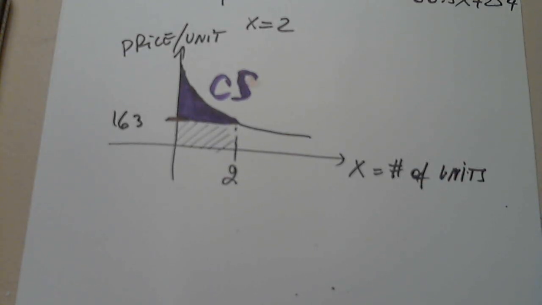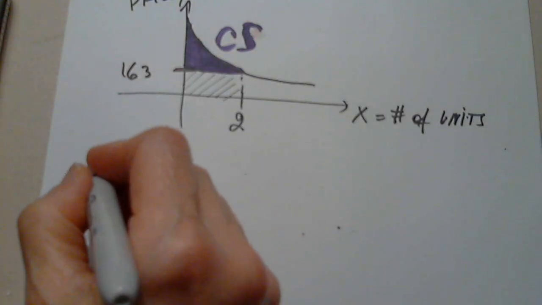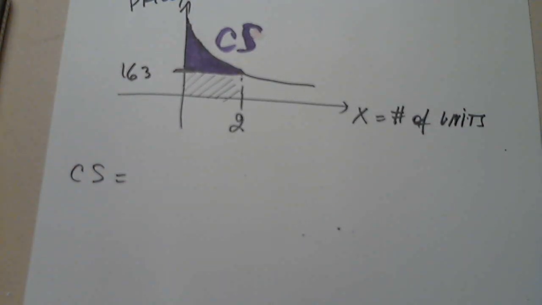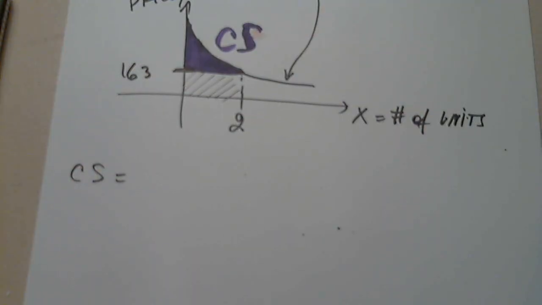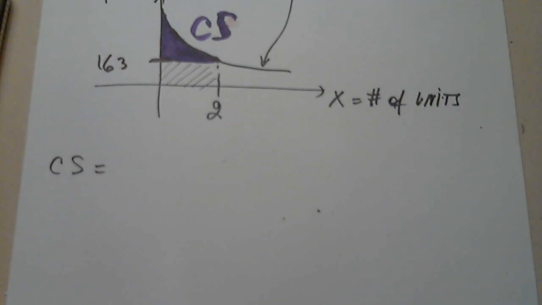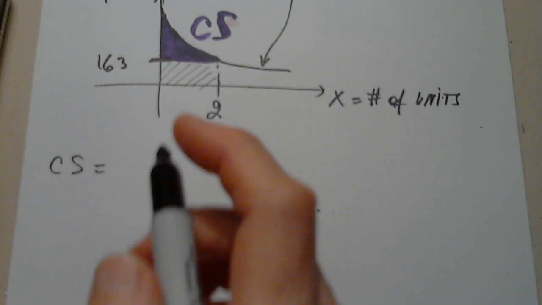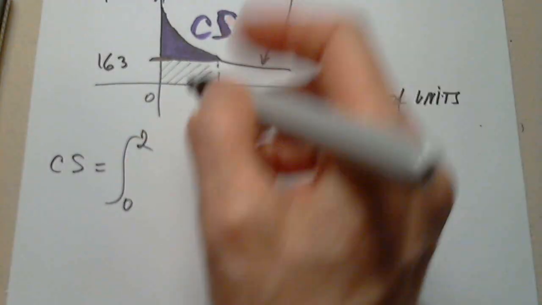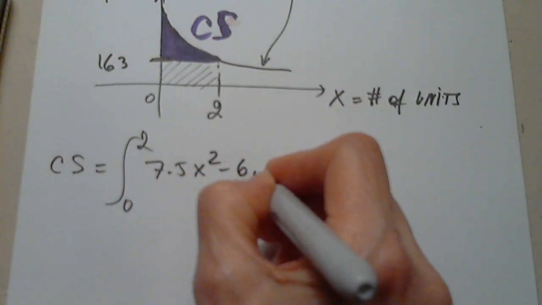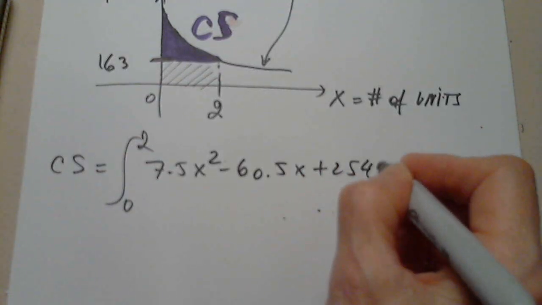So she's going to pay 2 times 163 total for 2 jumps. And we're asked to find the consumer surplus. Can anyone give us the formula for the consumer surplus in this case? And of course, the demand function is this. So it's the integral from 0 to 2 of the demand function minus 2 times 163.